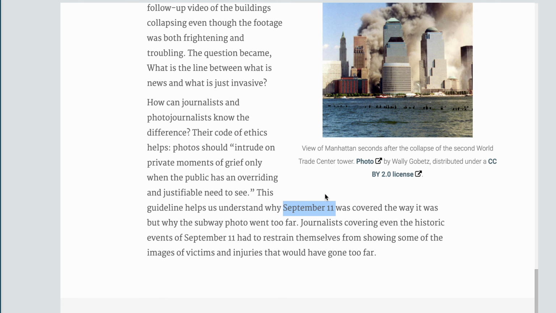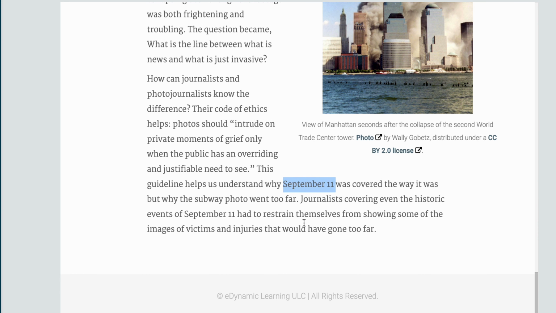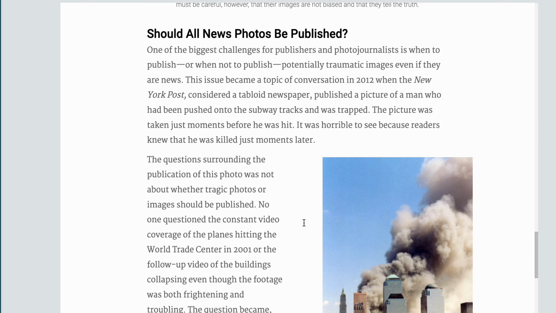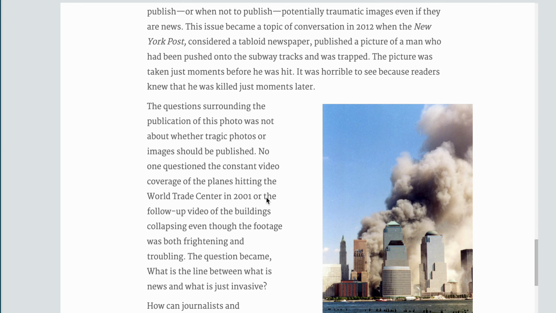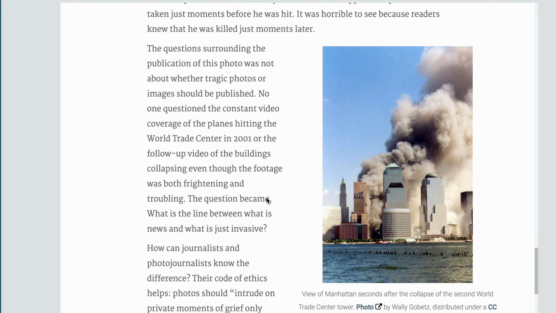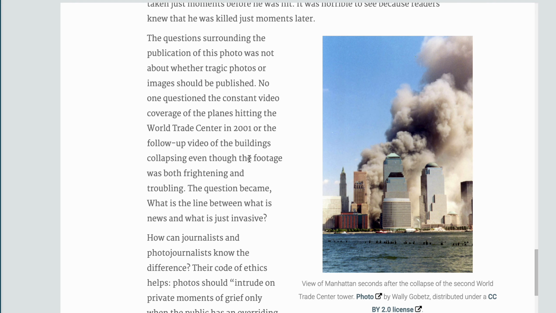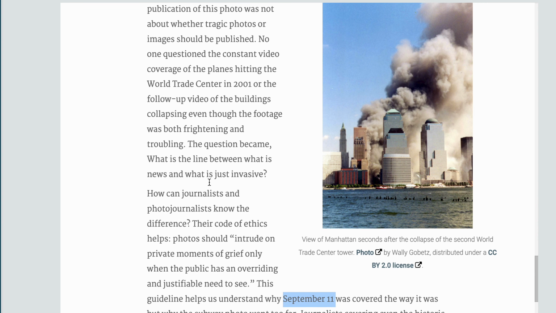A lot of photos were taken, but they were not published in respect to those who appeared and who survived this crisis. Also, another incident in which a photographer was able to take a picture of someone who died minutes after this picture. So it's very important for the photojournalist to check all the requirements and to make sure that this photo deserves or needs to be published or no.